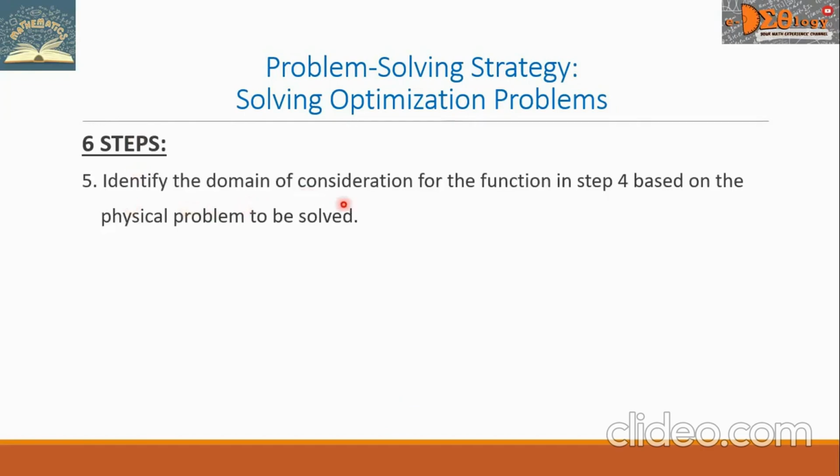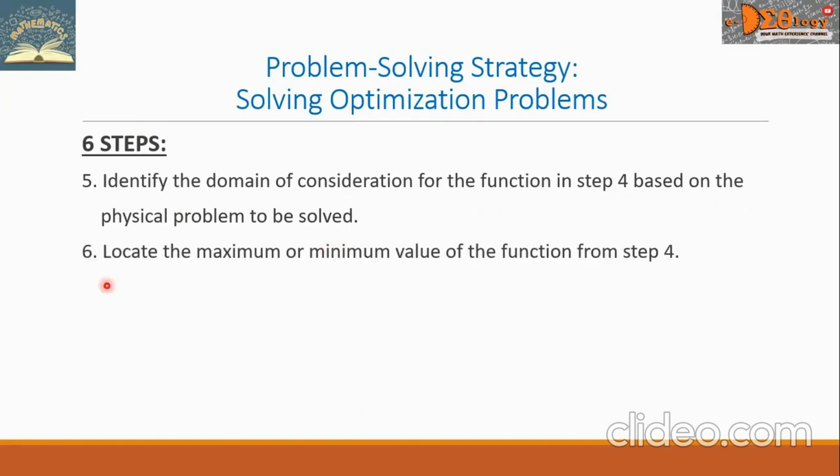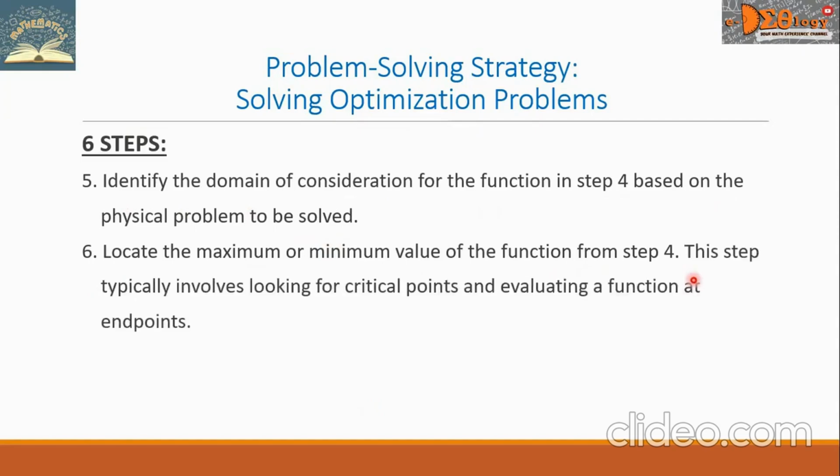Identify the domain of consideration for the function in step 4, based on the physical problem to be solved. Step 6. Locate the maximum or minimum value of the function from step 4. This step typically involves looking for critical points and evaluating a function at endpoints.